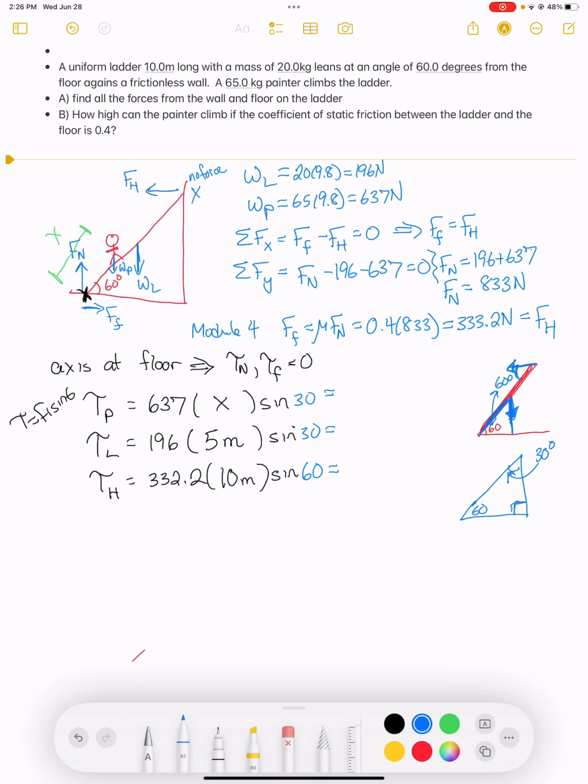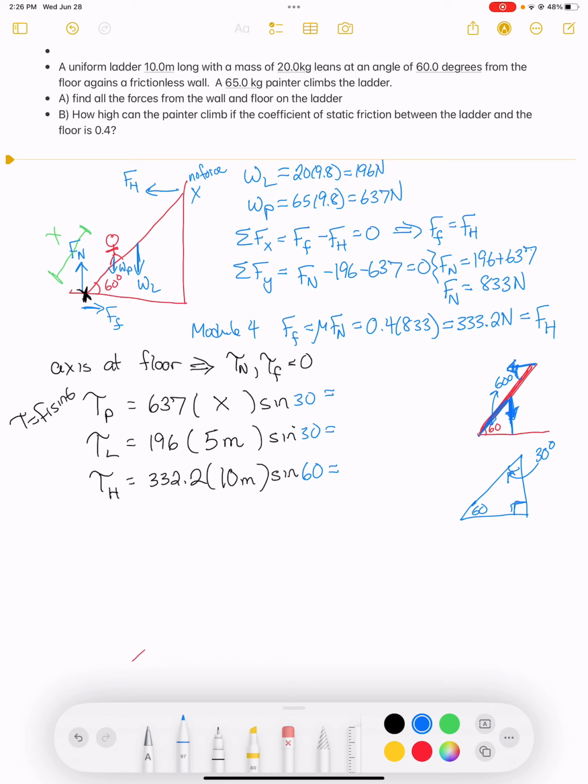Sorry, I have my numbers on a sheet of paper, but that doesn't look right at all. Let me do a calculation. So 196 times 5 times sine of 30, which is 0.5. That should be 490. So this is 490 Newton meters.